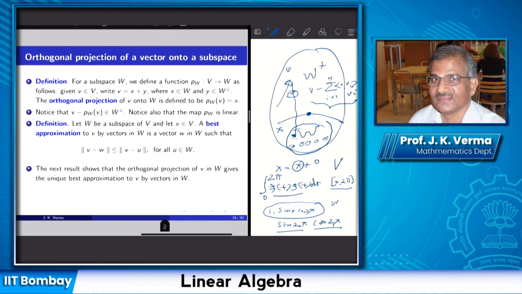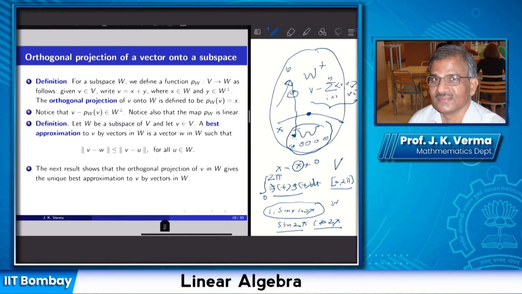So I take a very complicated function, but I want to approximate it. I want to find the best approximation, which is a linear combination of these 5 functions: 1, sin x, cosine x, sine 2x, cosine 2x. And you can enlarge it. You can take sine 3x and cosine 3x and add them to this set.